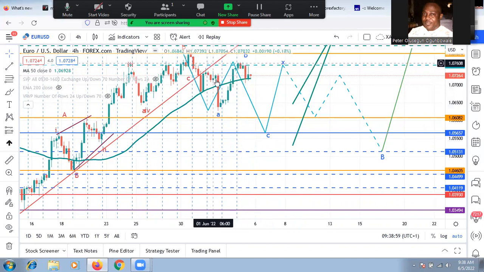B made this one a zigzag, but I definitely don't expect that this will finish the structure of correction. We're still going to have a leg up, which may stall at 50 or 61, but not more than 85. It's going to be an X connector for us to have a new set of correction entirely.